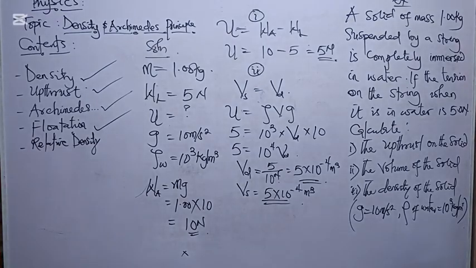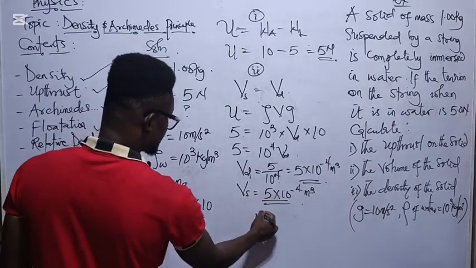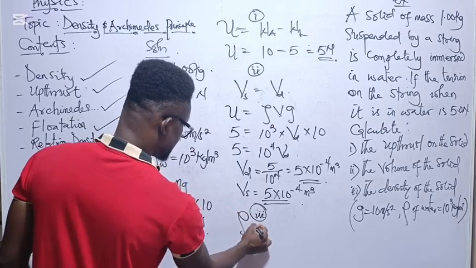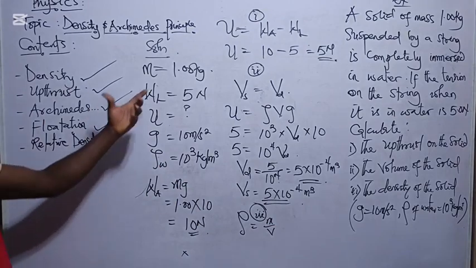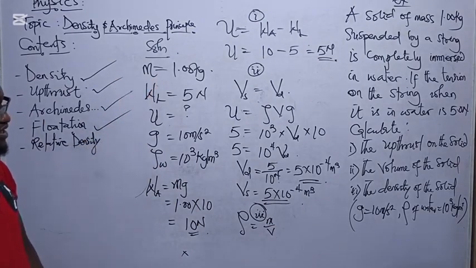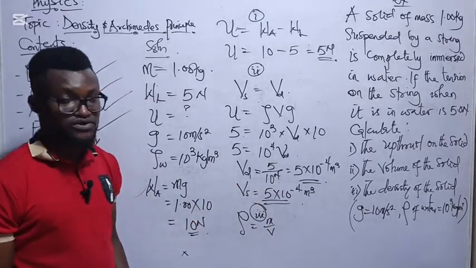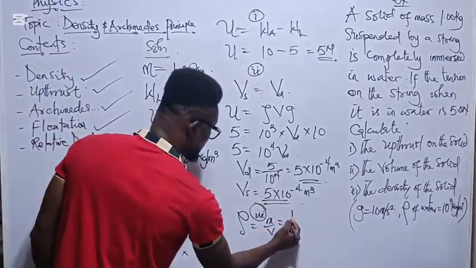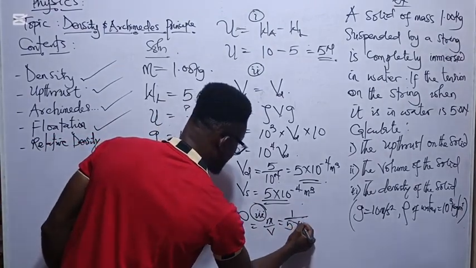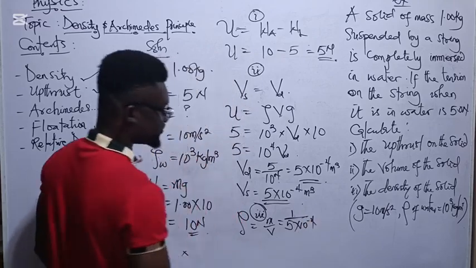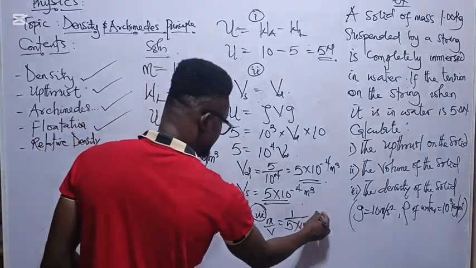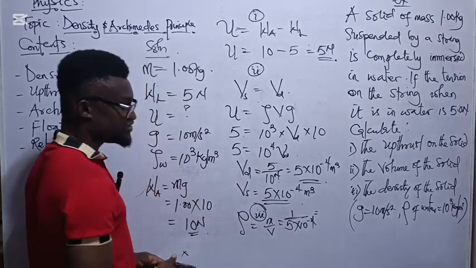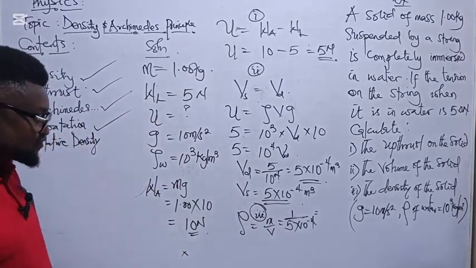Then again, we are asked to find the density of the solid. In order to get the density of a solid, density is mass per volume, right? Now, the mass of the body was given, okay? Then what about the volume? We've got the volume. So we have the mass, 1, divided by 5 times 10 raised to power minus 4. If you do the calculation here, 1 divided by 5 will give 0.2, right?